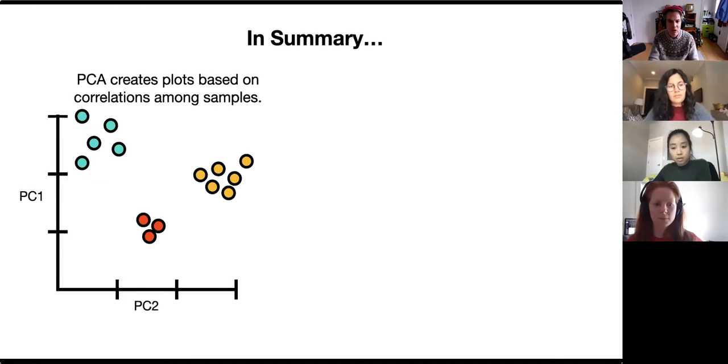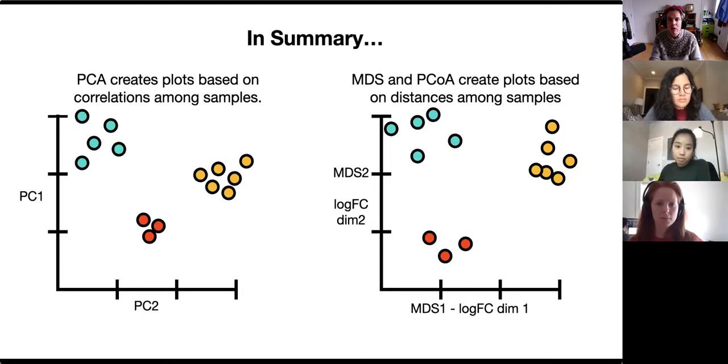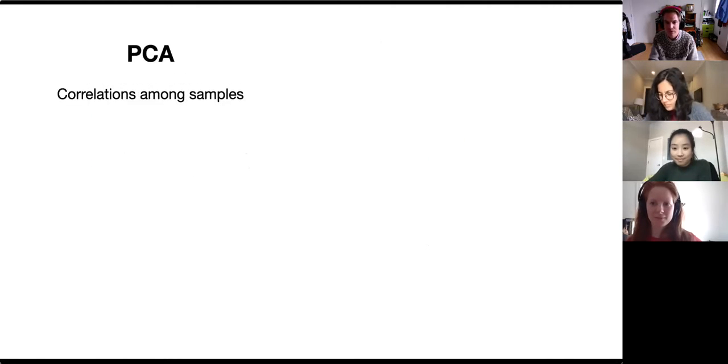Okay, so in summary, PCA creates plots based on correlations among samples, or fitting those best lines. MDS and principal coordinate analysis create plots based on distances among samples.